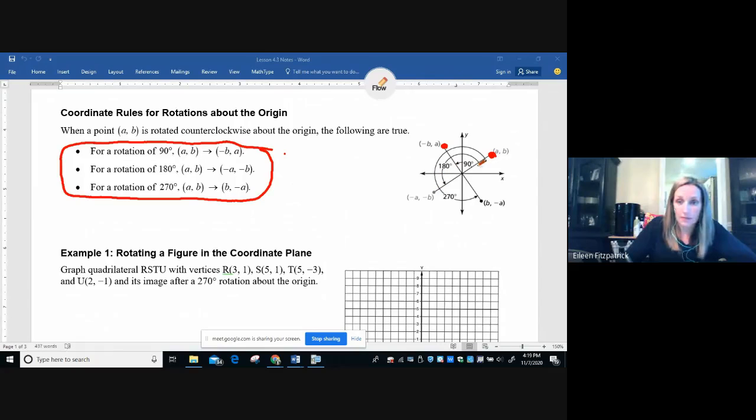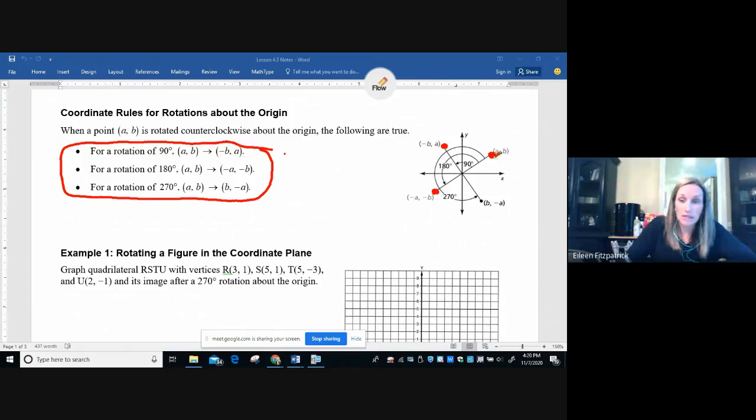Now, if we rotate it 180 degrees, or you could think about rotating another 90 degrees, you're going to land in the third quadrant, where both coordinates should be negative, because if you start at the origin, you would be going left and down. So it makes sense that they're both negative. From the original, the rule is that both coordinates just change signs.